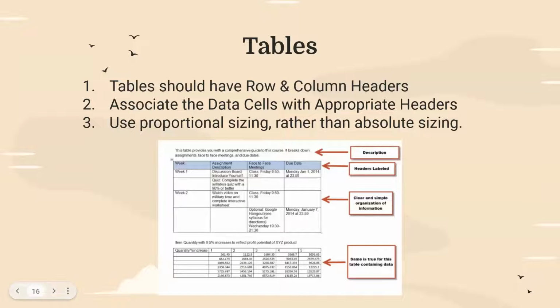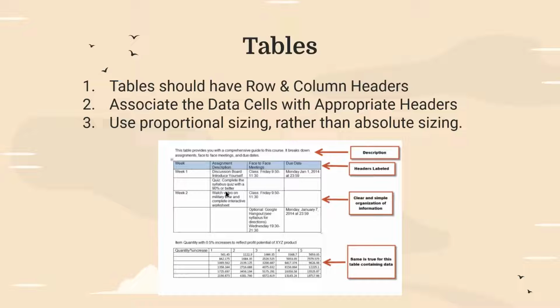Tables. So again, I talked to you briefly about tables, and I said something about using tables for organization. That is one thing you do not want to do. So if you do have a table, your table should have row and column headers. All the headers should be labeled. There should also be a description of the table.